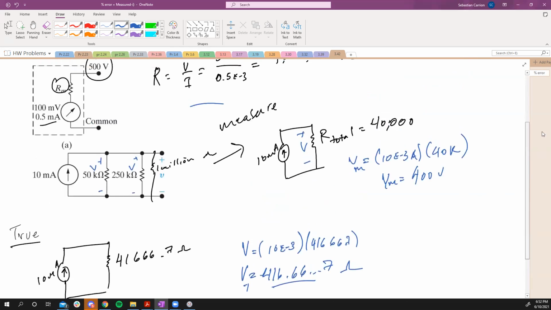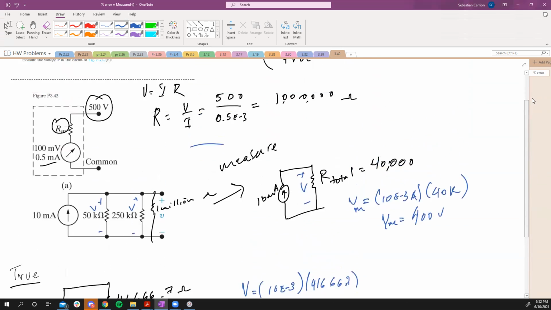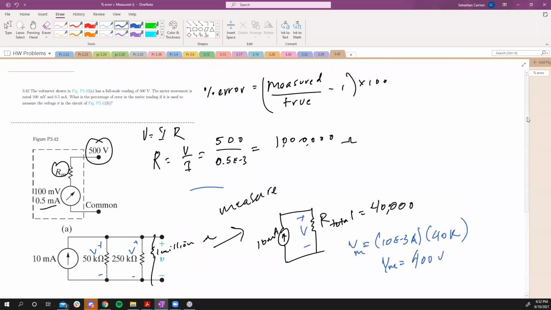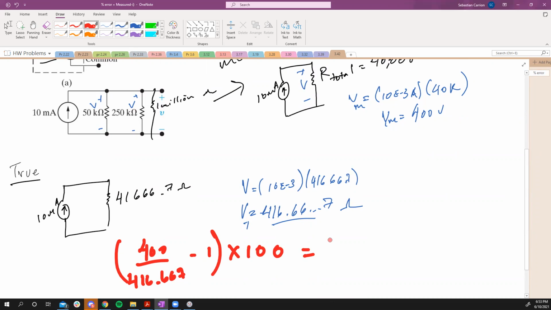So let's go ahead and do that. We know this is measured over true, right? So 400 over 416.667 minus 1, times 100.